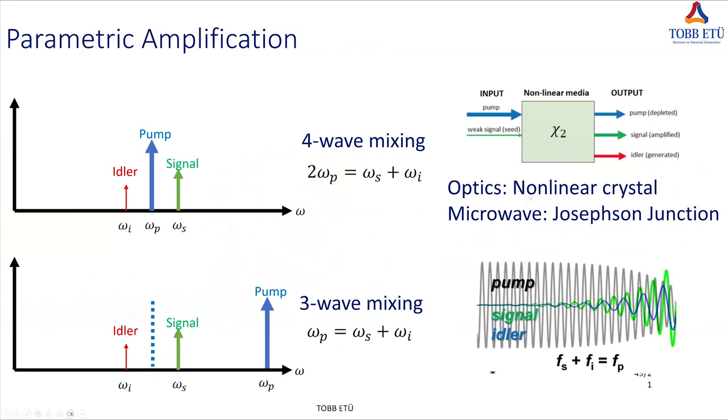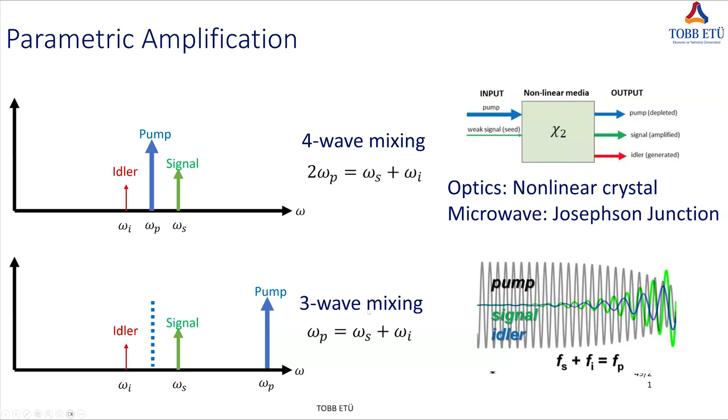In optics, nonlinear crystals are used. In microwave, a Josephson junction is used as a nonlinear element. In the case of four-wave mixing, you supply a pump signal, and the signal and idler frequencies are the sum of two pump frequencies.